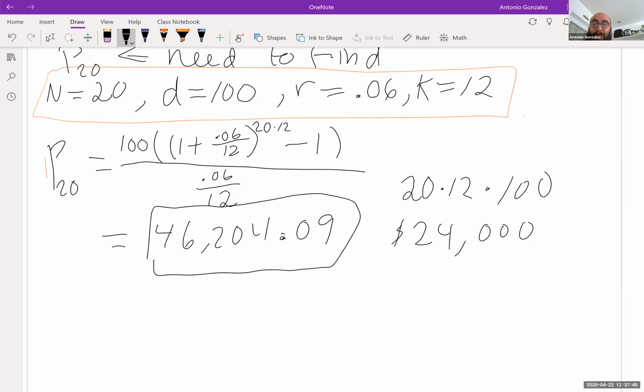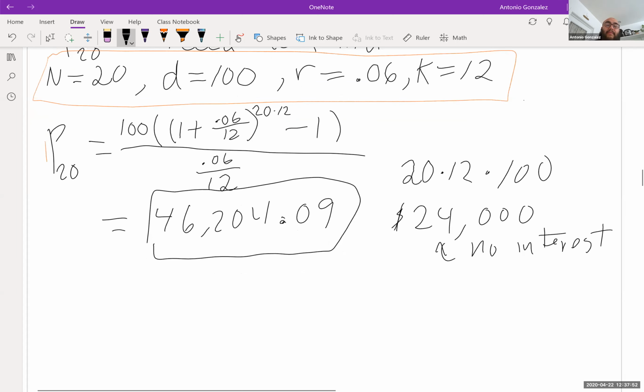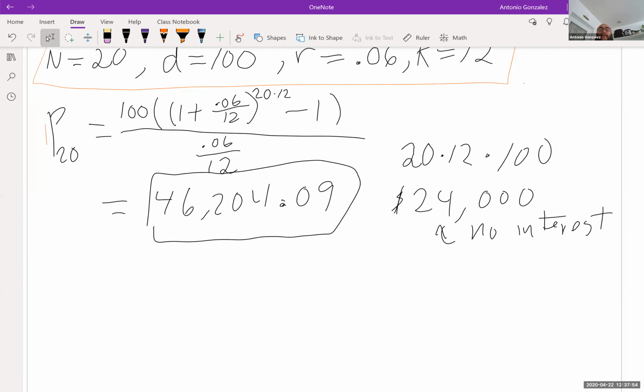There's no interest there. So now you can see you are close to doubling it over the course of 20 years. And if you would like this to be more money, then you just need to put more away.